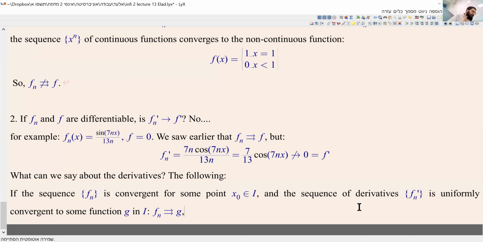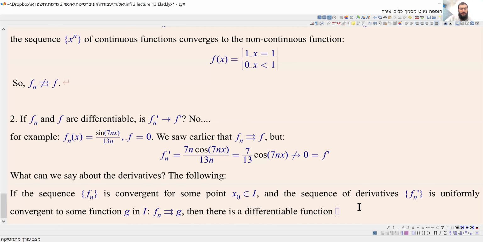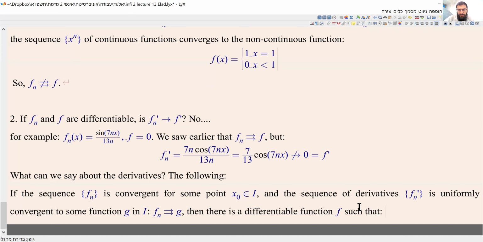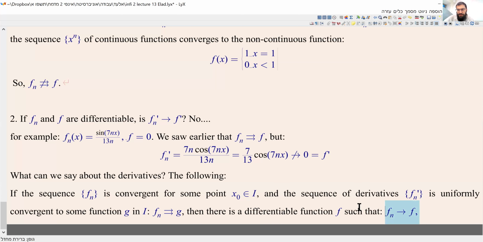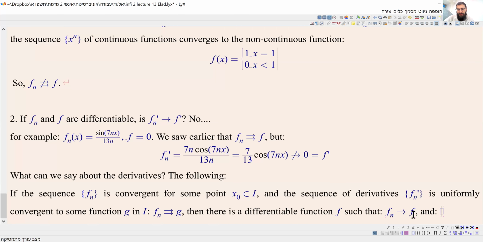If we already know that the sequence of derivatives is uniformly convergent, then we can move backward and say that there is a differentiable function f such that fn converges to f, and it's not just a function, the derivative of f is this function g.